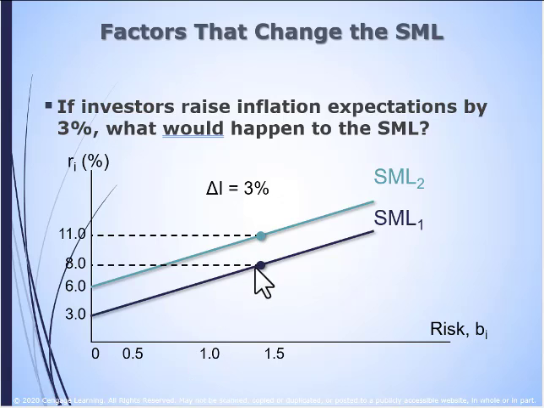So what used to earn 8% should now earn 11%. If we apply this to our current investment environment, with inflation at 9%, everything should be earning a 9% higher rate of return than it did last year.